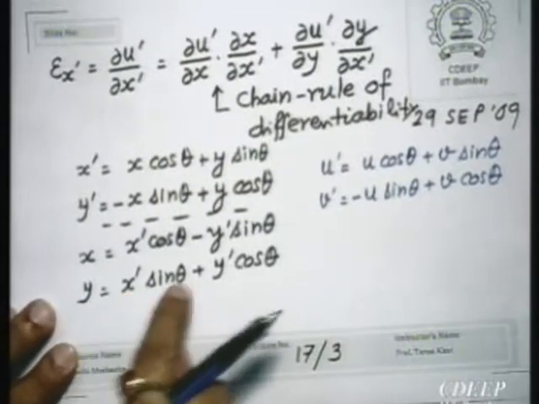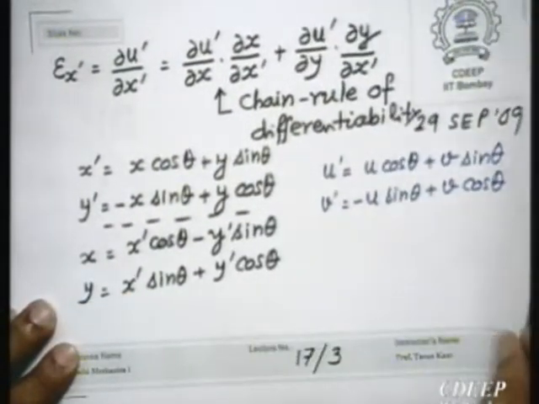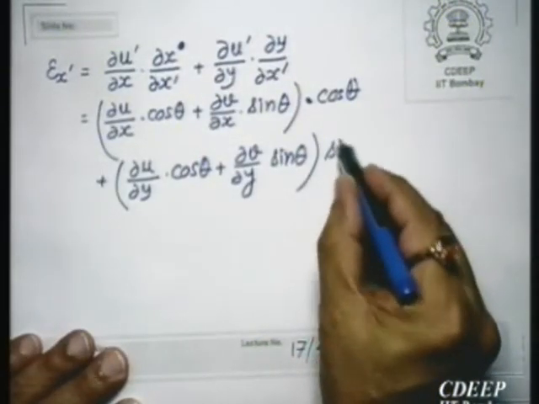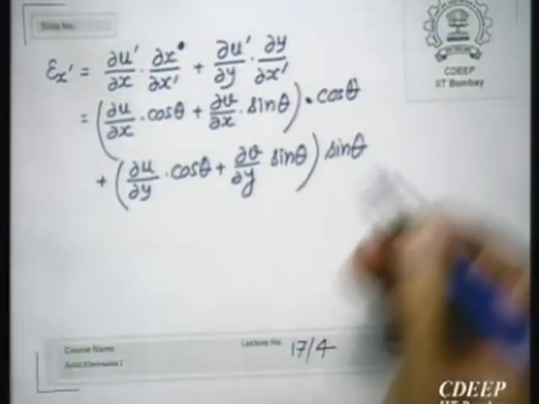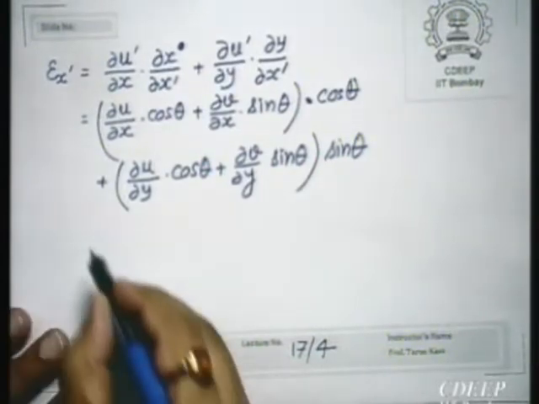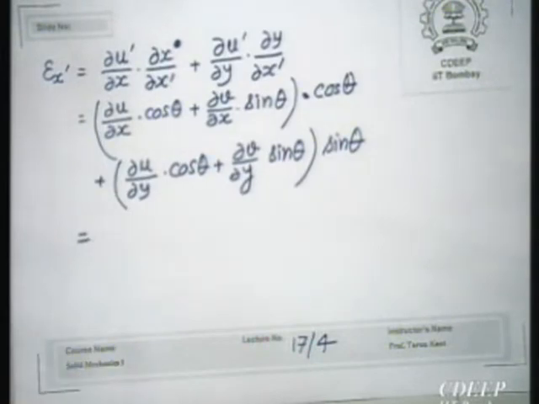Dy by dx dash here will be sin theta. Okay. And now it will come out to be, so please just take the coefficient du.